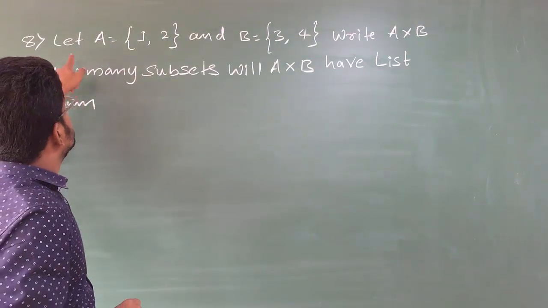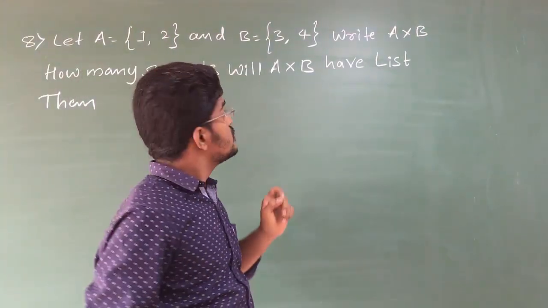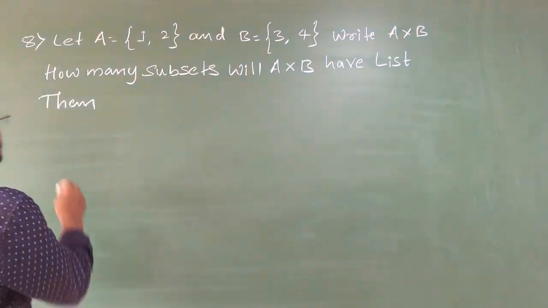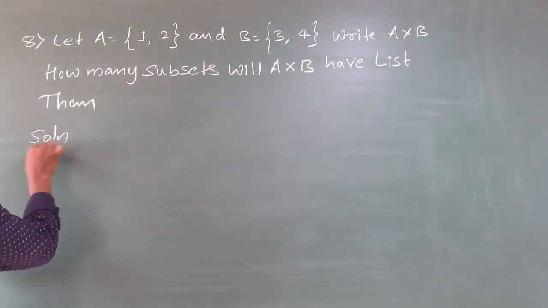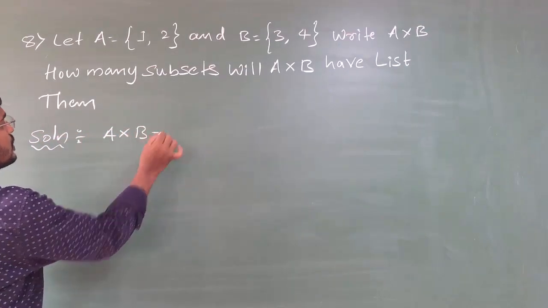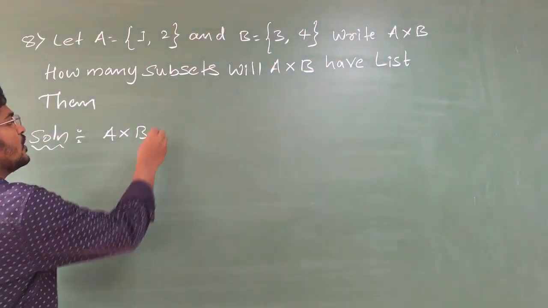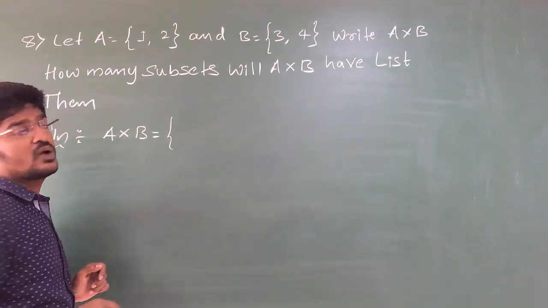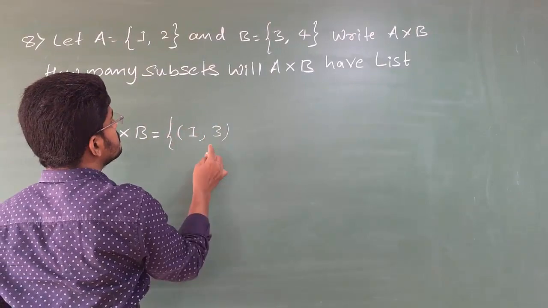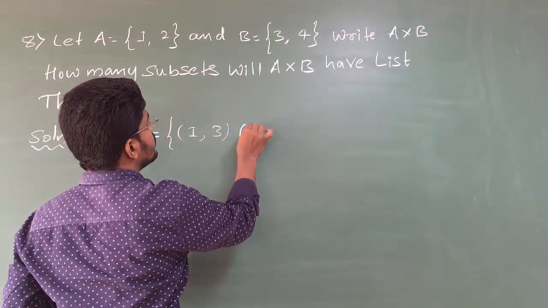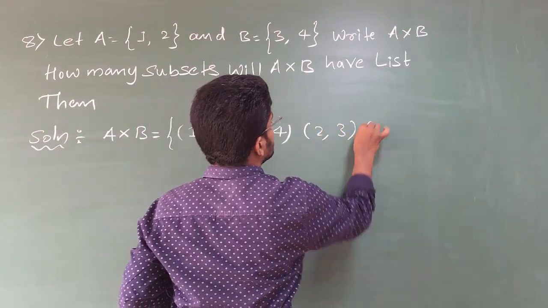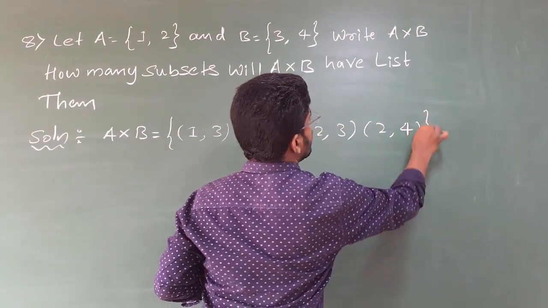So first we have to write the elements of A cross B. As you all know, A cross B is equal to: first ordered pair will be (1, 3), second ordered pair will be (1, 4), next it will give (2, 3), (2, 4).